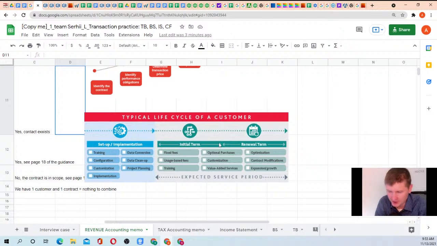Then we have the initial term, where we can actually discount a customer and provide some extra value for free in order to keep the customer, to make a customer addicted to our service, to hook the customer. And it might have a fixed fee, optional purchases, value added service.